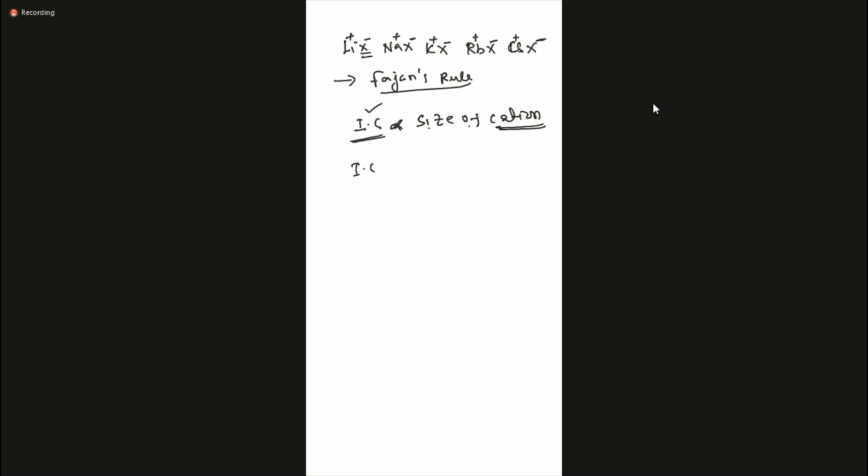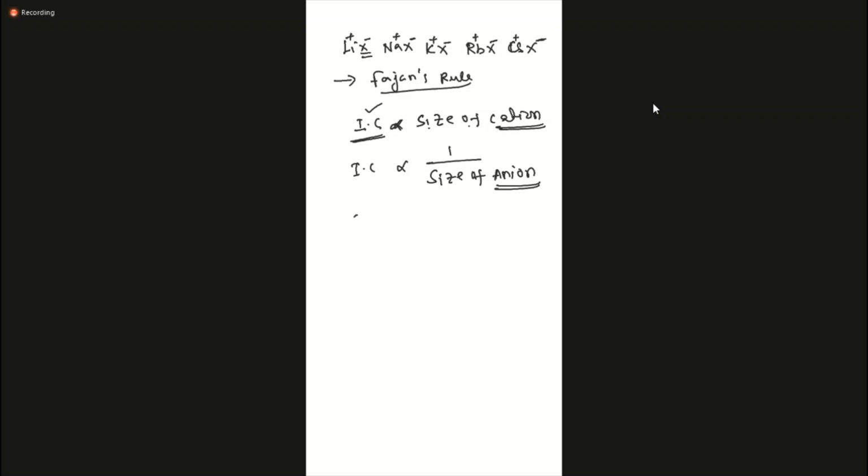Ionic character depends upon the size of anion too: it is inversely proportional to size of anion. What is the meaning of inversely proportional to size of anion? If anion size is large, ionic character decreases. If anion size is small, ionic character increases.